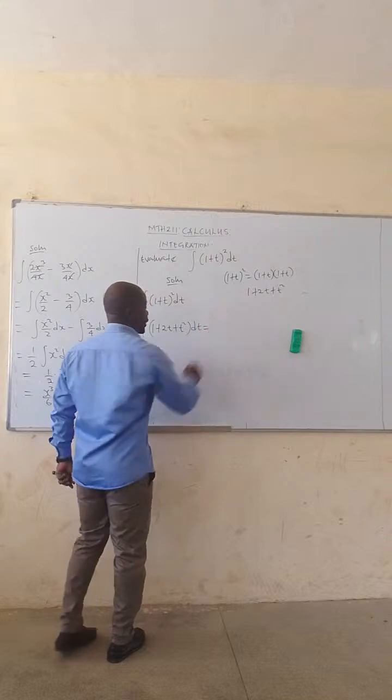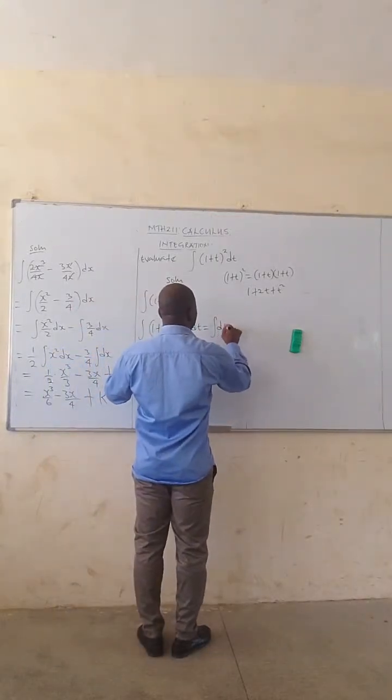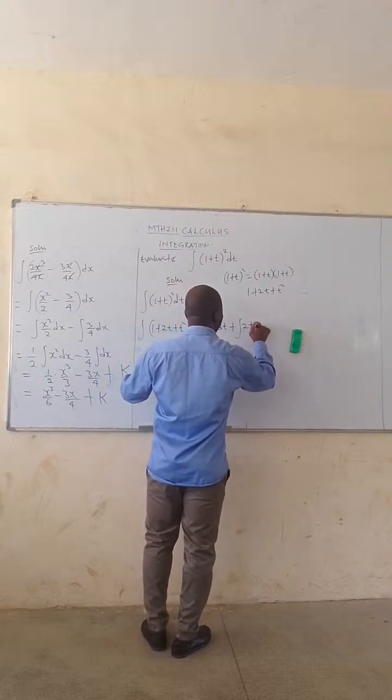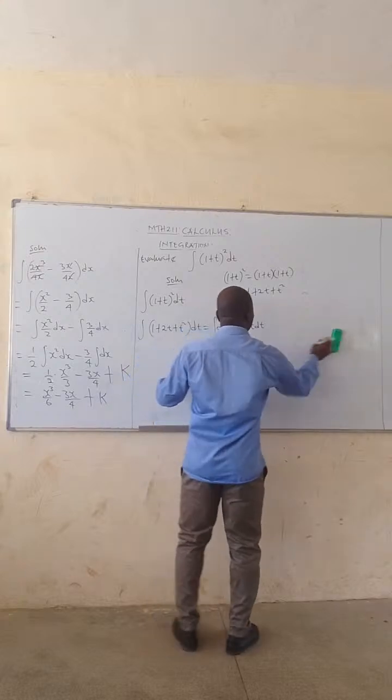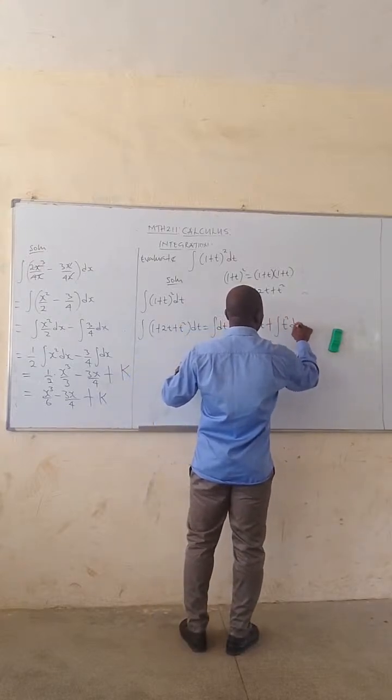Then this is the same thing as the integral of dt plus the integral of 2t dt plus the integral of t squared dt.